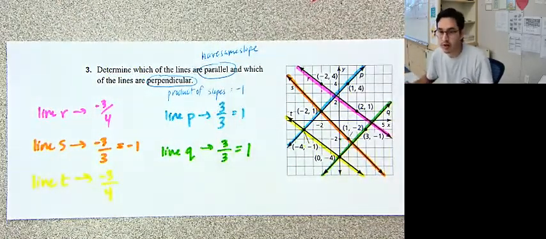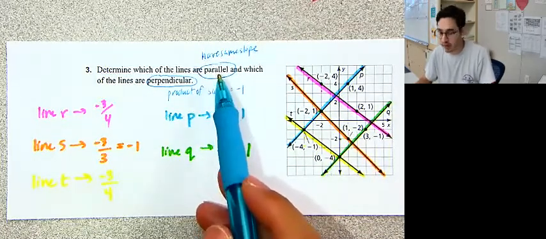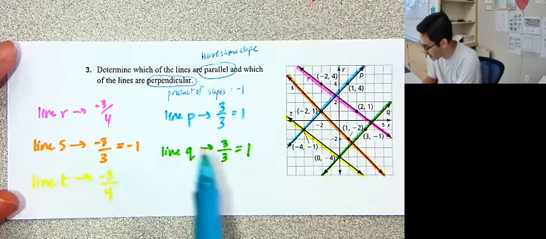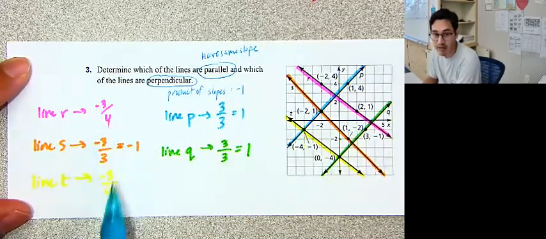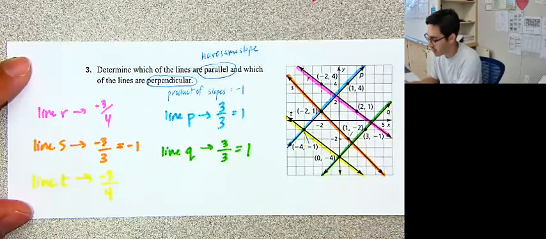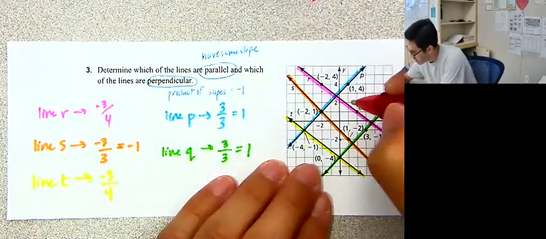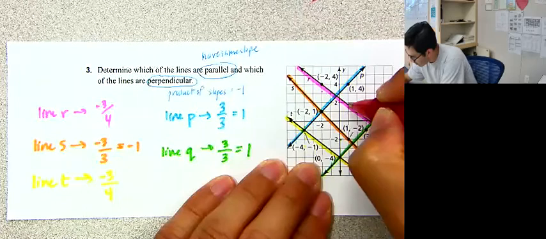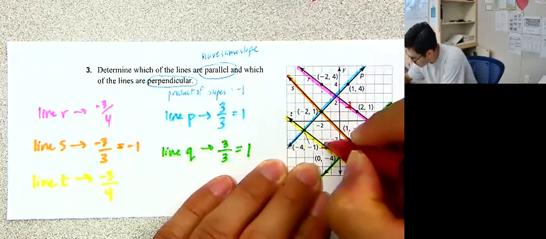So the question is, which lines are parallel? We said that the 2 lines have to have the same slope. I can see that line R and line T both have a slope of -3/4, so they are parallel. We can mark parallel lines in the figure with little red arrows.